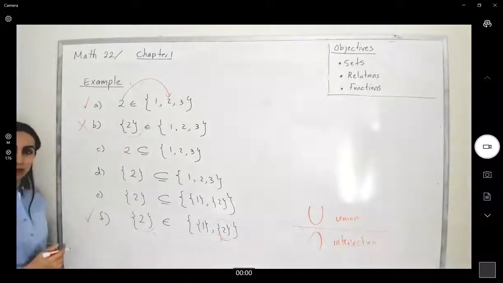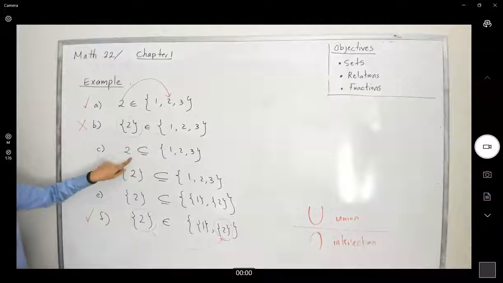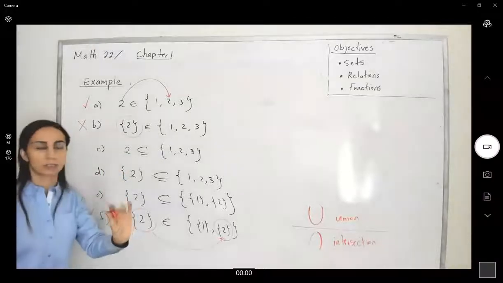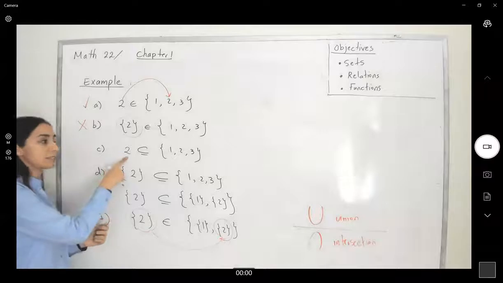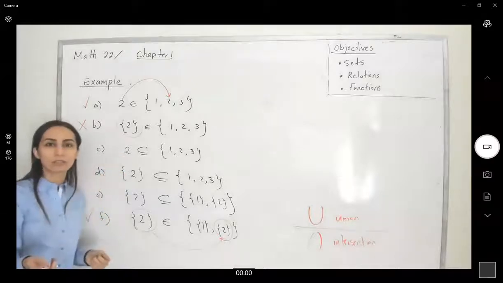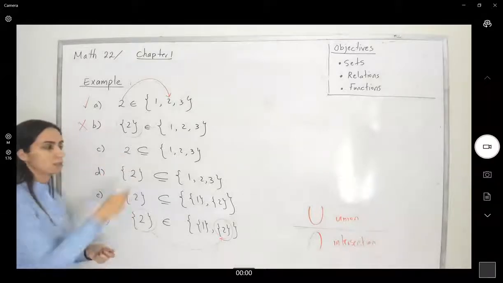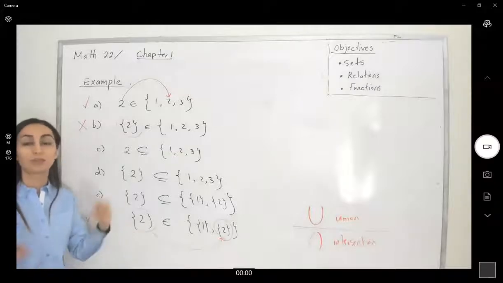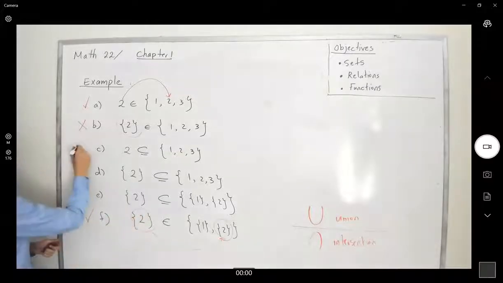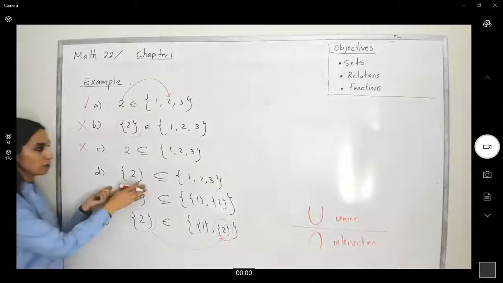This is true. 2 is a subset, so you have to stop here. 2 is not a set. This is saying that you have a digit, a number, as a subset; there are two different entities. You cannot compare them. This is false. What about this case?